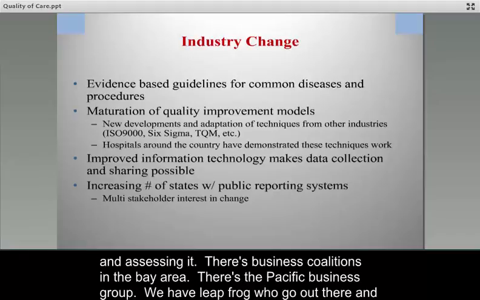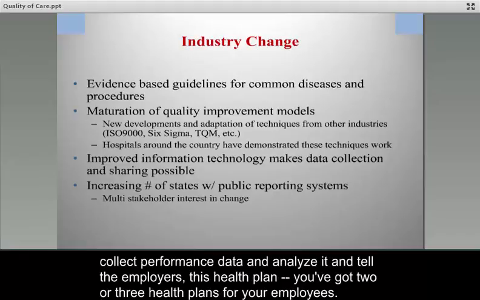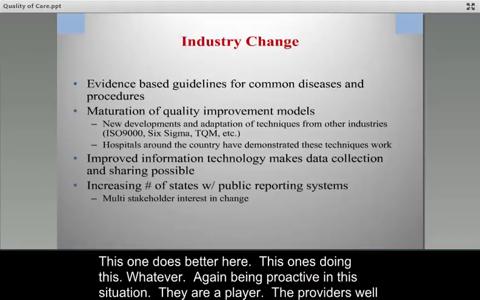There are business coalitions. I think in the Bay Area there's the Pacific Business Group. We have Leapfrog, who go out there and collect this performance data and analyze it, and they tell the employers, this health plan that you've got, 2 or 3 health plans for your employees, this one does better here, this one's doing this, whatever. Again, being proactive in this situation.